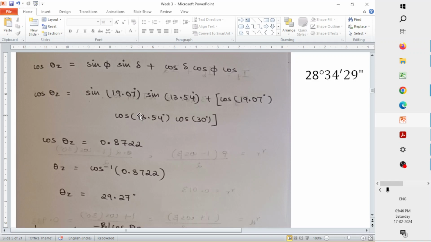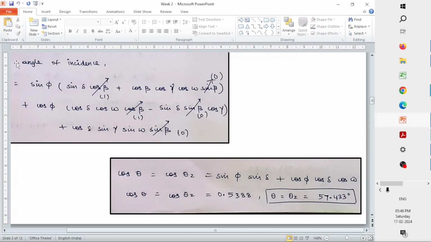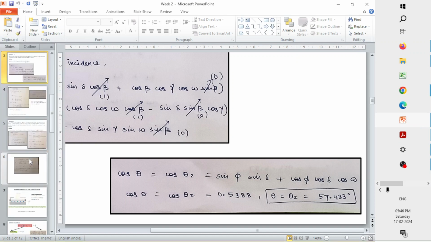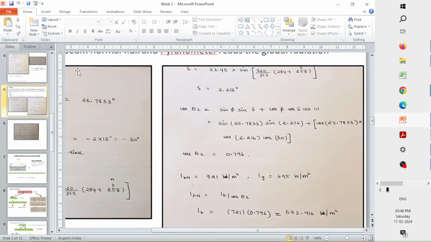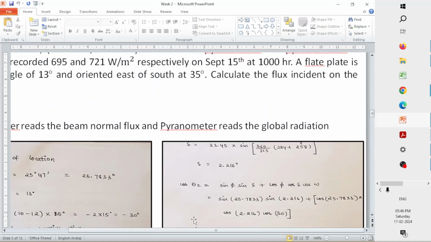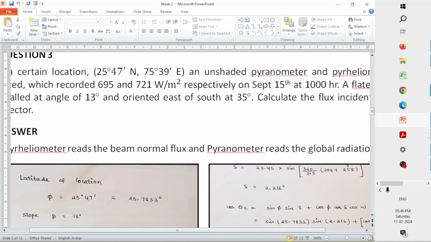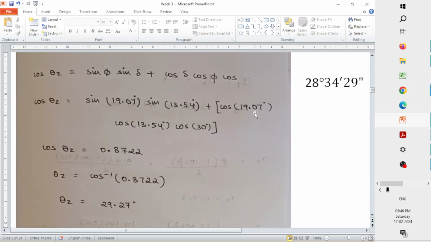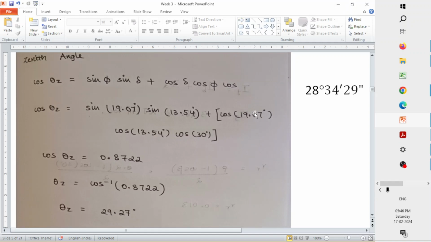As previously in week 2 also, we solved a problem where we took the values of pyranometer and pyrheliometer radiation, and then we calculated it. Your pyrheliometer measures the beam normal flux, whereas your pyranometer records your global radiation. So these are recorded values.